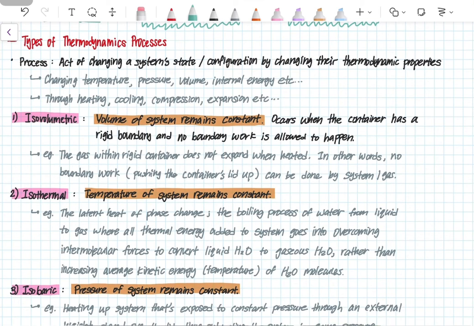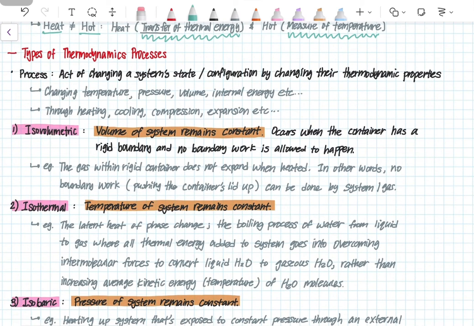So in this next section, we're going to be talking about types of thermodynamic processes. So what is a process? A process is the act of changing a system's state or configuration by changing its thermodynamic properties.